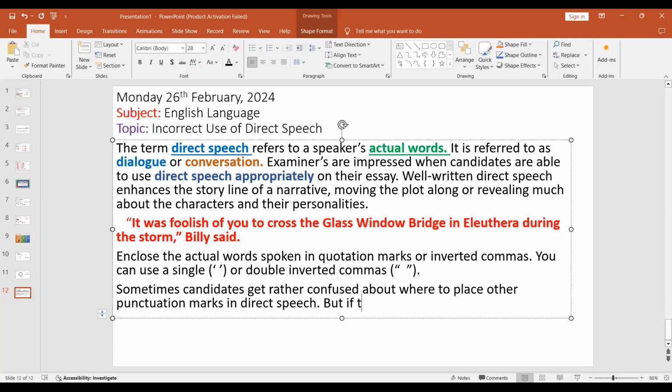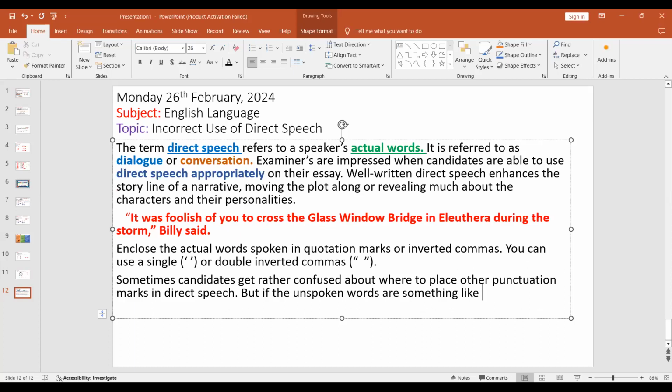But if the unspoken words are something like he said or she replied, you don't have to put those words in quotations. You just put the actual words they said in quotations, right?